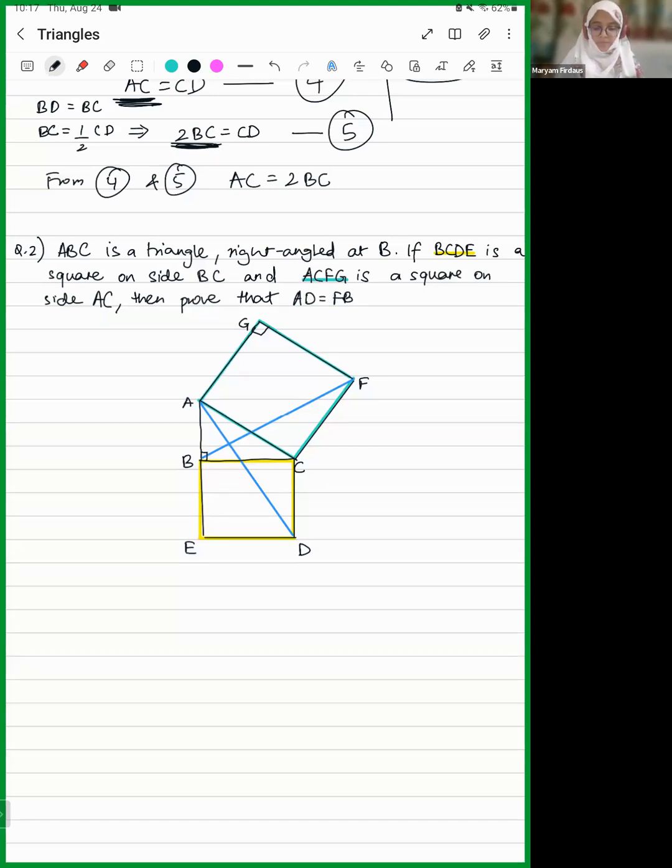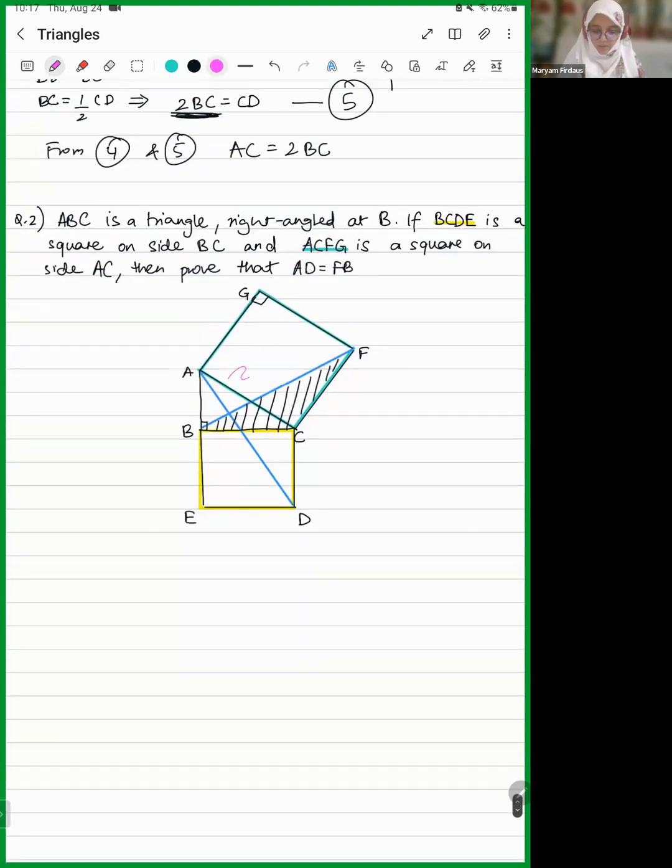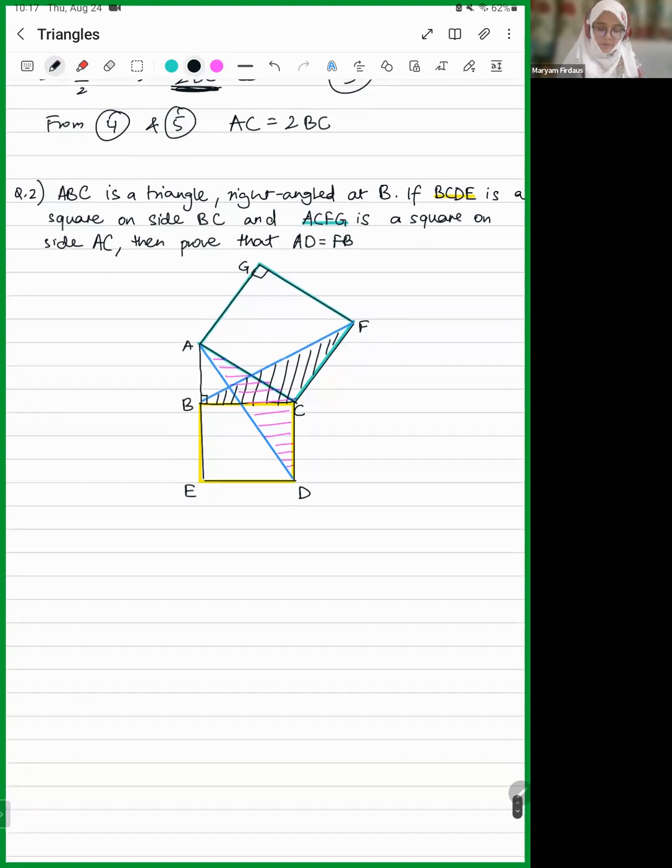FCB and ACD. Very good. So you have to take these two triangles, FCB and ACD, this one. Okay, these two triangles. So we will write it over here now.